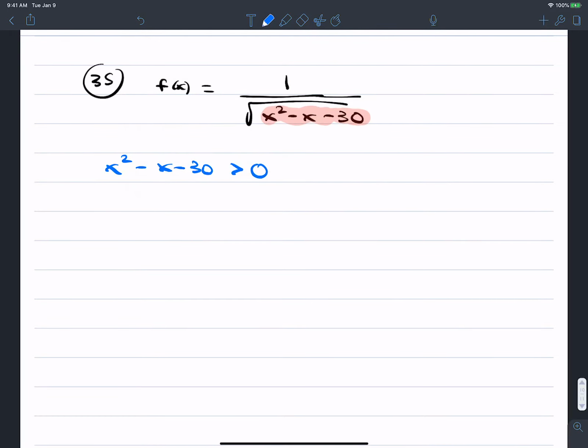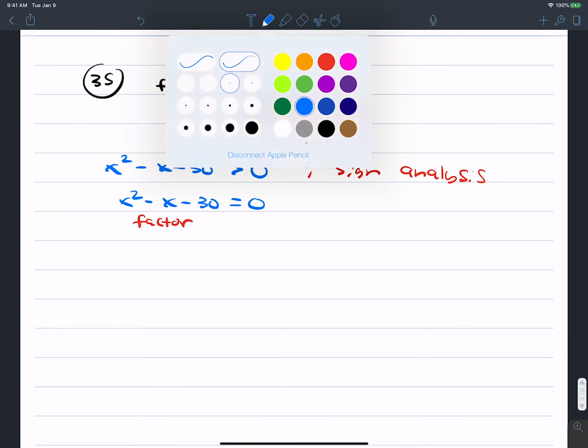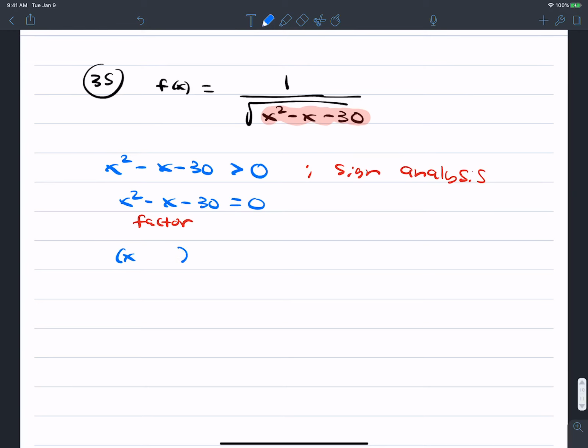So for sign analysis, let me write that down. Let's use our sign analysis procedure. We want to know where this is strictly positive again. We're going to have to factor, or we solve the equality first. And when we solve that equality, we're going to factor. So notice when you factor, you should get the following: (x minus 6)(x plus 5).